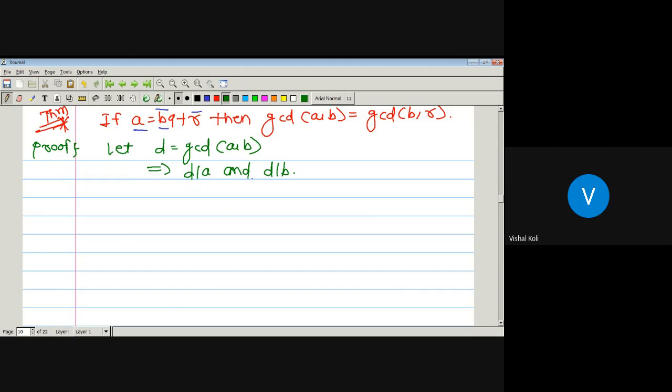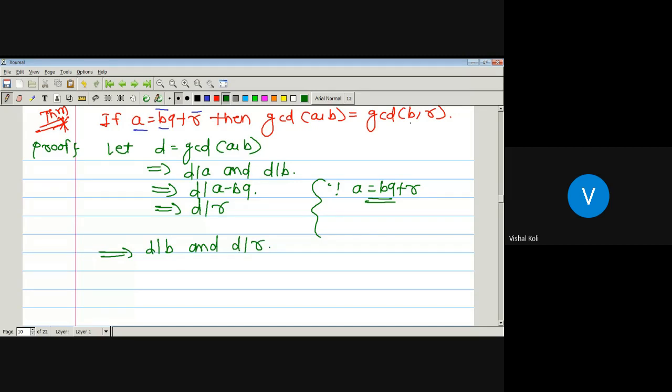As D divides A and D divides B, D divides any linear combination of A and B, which implies D divides A minus B into Q. But A is nothing but BQ plus R, so A minus BQ is R. So we get D divides R, which implies D divides B and D divides R.